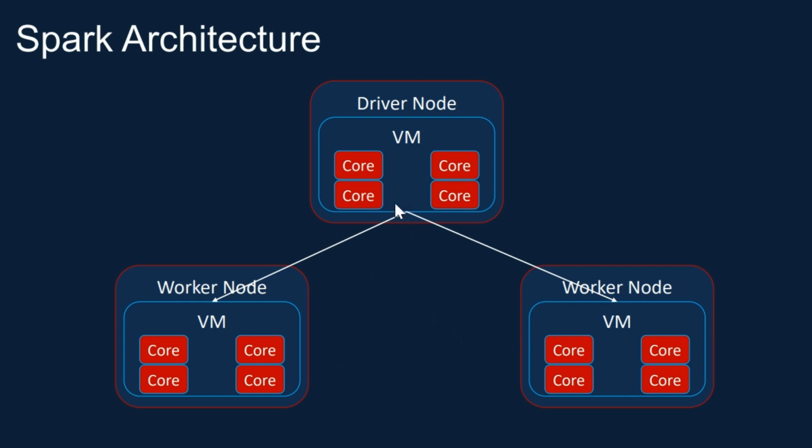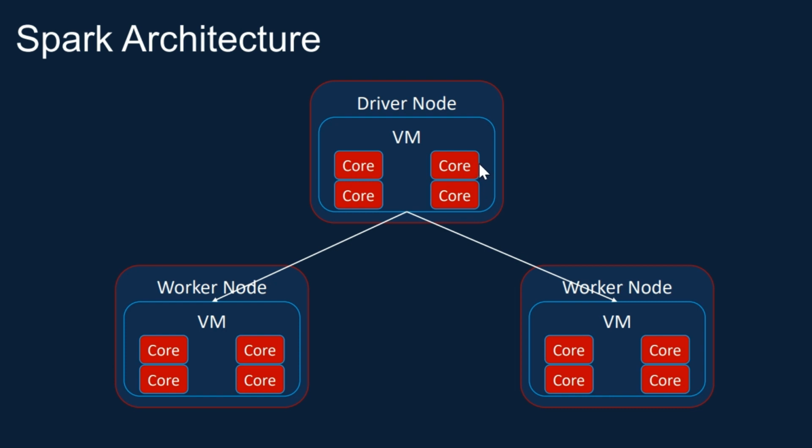And in a Databricks cluster, a driver runs its own driver program on the JVM in the driver node, and it also creates the Spark context. The driver program drives the processing, and it doesn't perform any of the computations which need to be done.